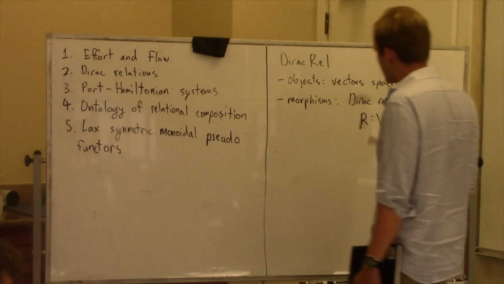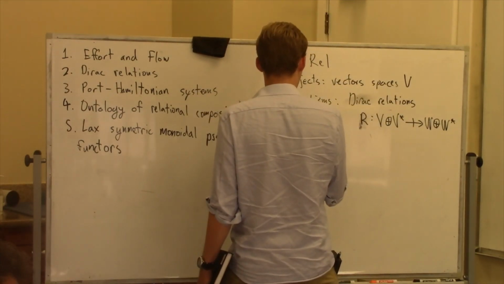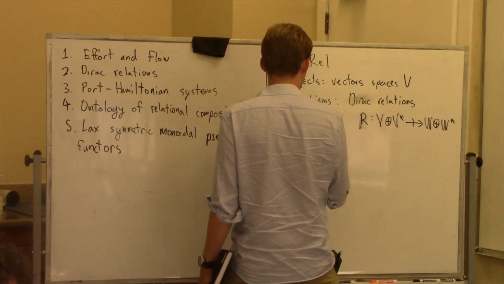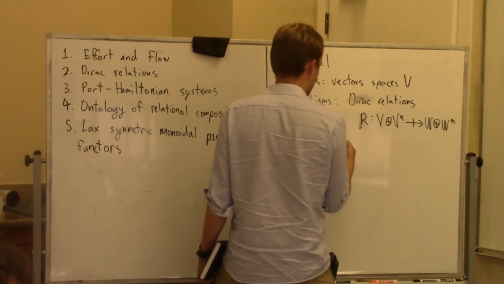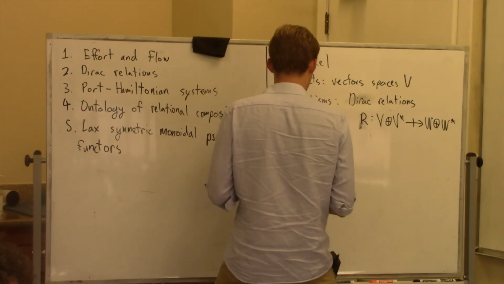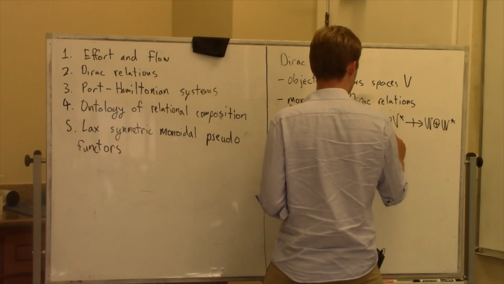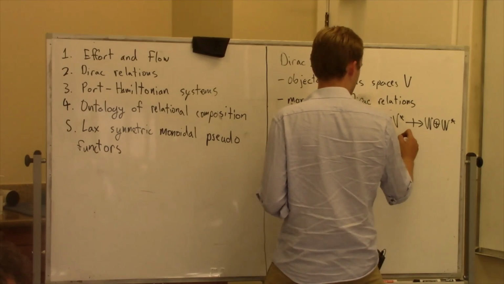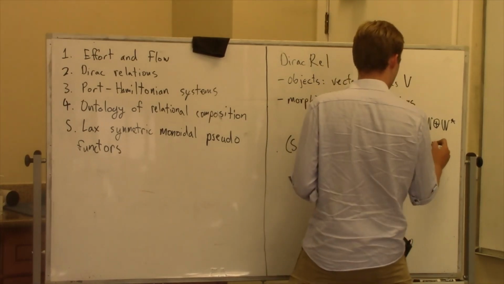Composition of relations, let's write this out explicitly, because not everyone has seen it. S compose R equals, if S goes from W dual to, give me another letter, X, great.